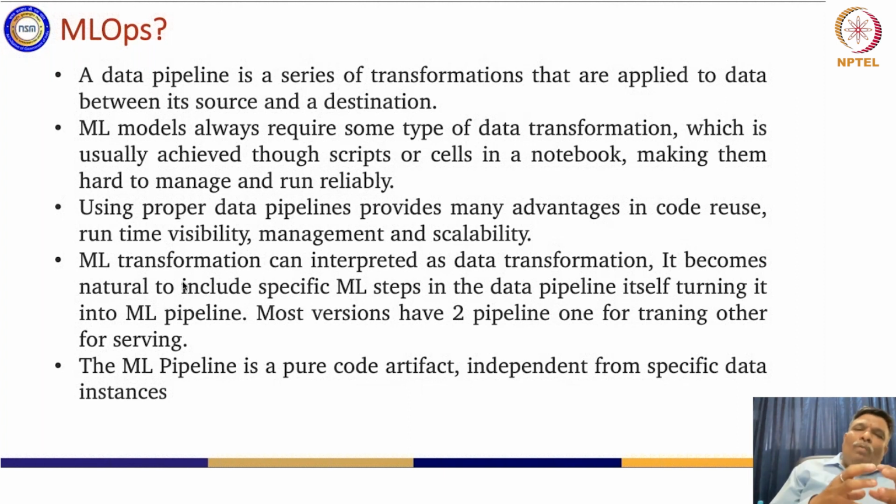So most versions have two pipelines, one for training and the other for serving. So what does this basically mean? Now we are talking of our application which has to do some task like classification, object detection, recognition, any number of applications it can do. It will have two separate pipelines, right?